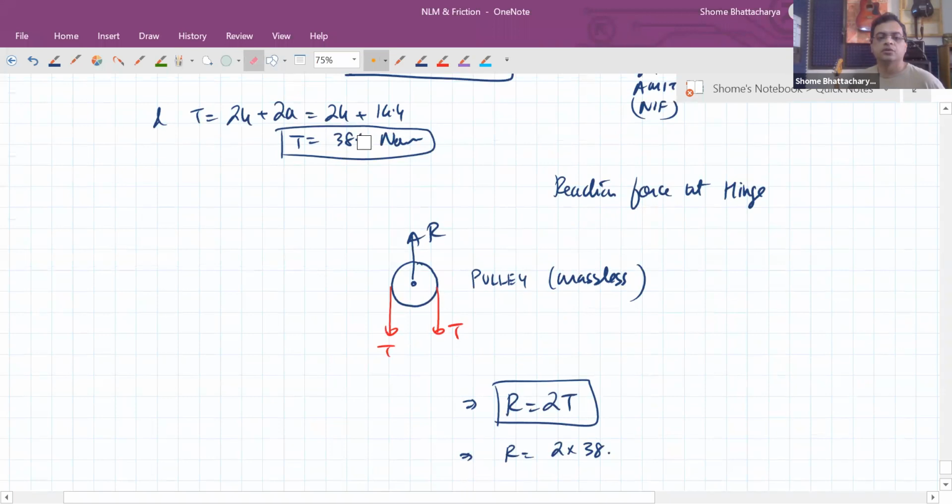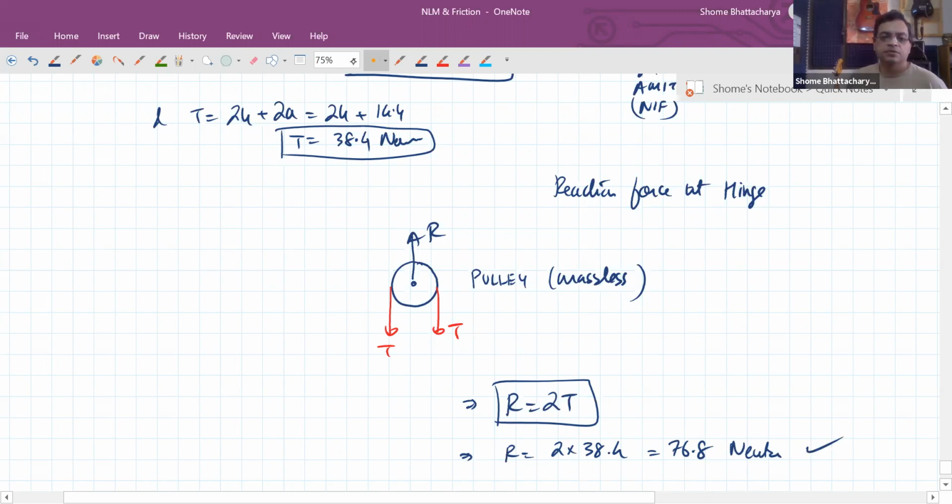Pardon, this is 38.4. This is the reaction force at the hinge.